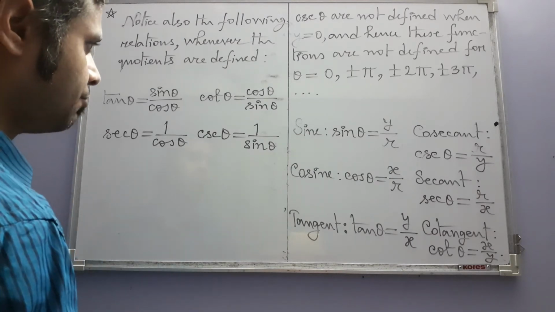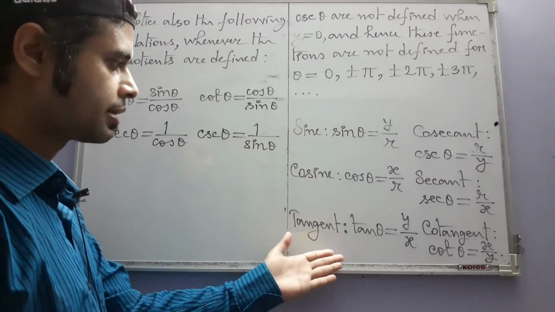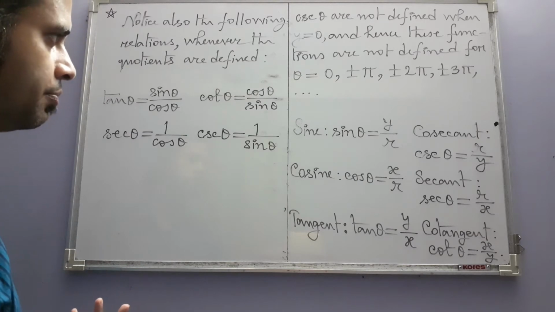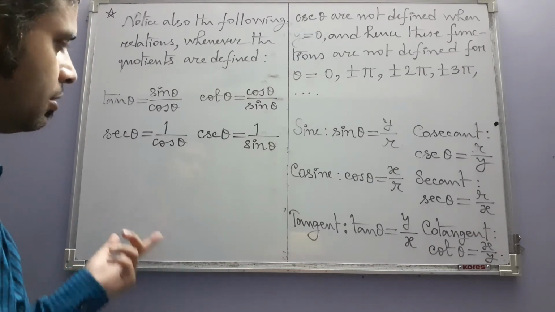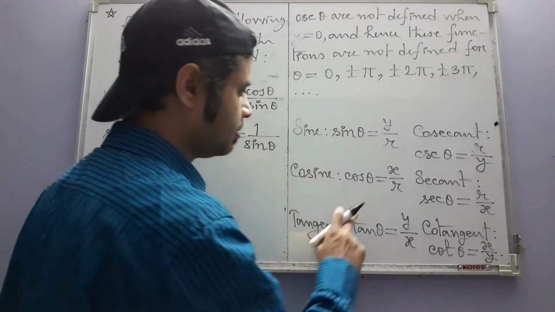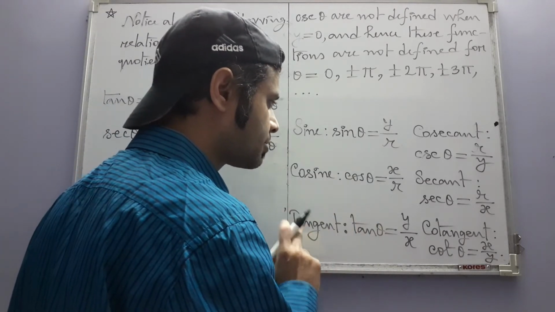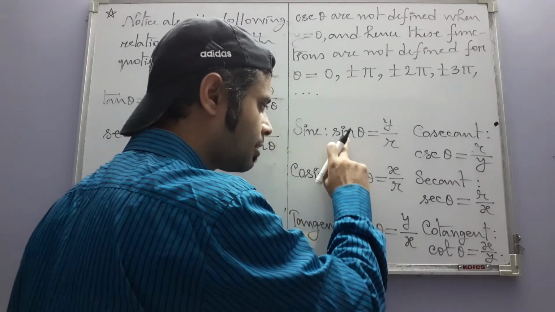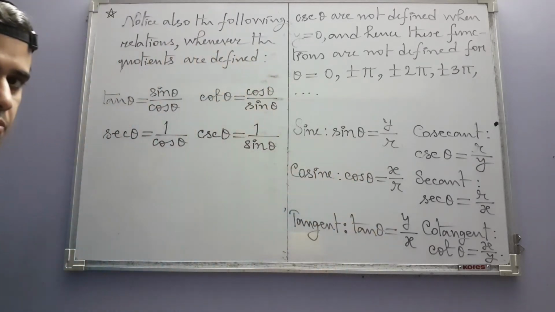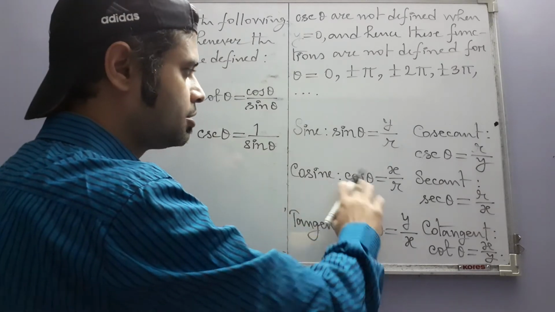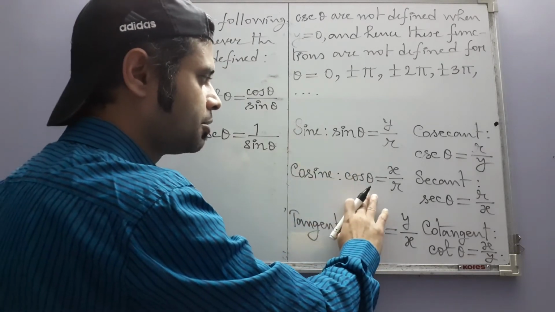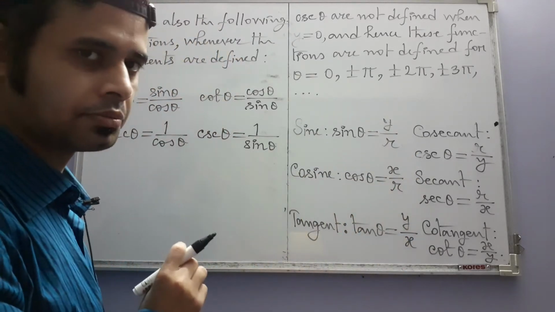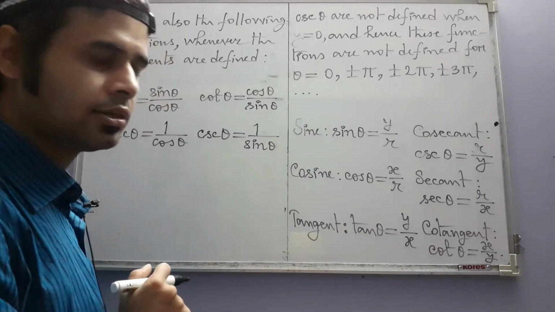Now the way we have defined these extended trigonometric functions, it allows us to express the coordinates of a point in the plane in terms of these trigonometric functions. So we have defined the trigonometric functions in terms of coordinates of a point in the plane. Now we can go in the other direction also.